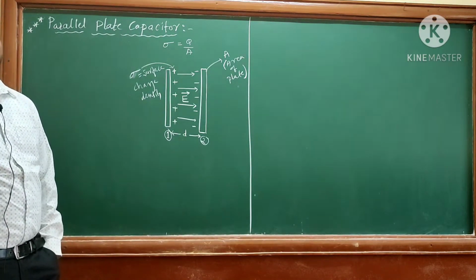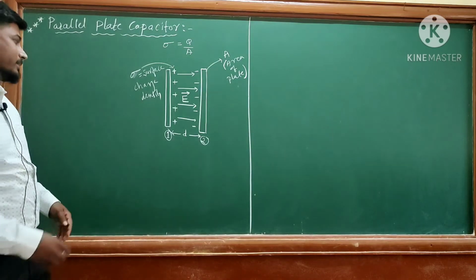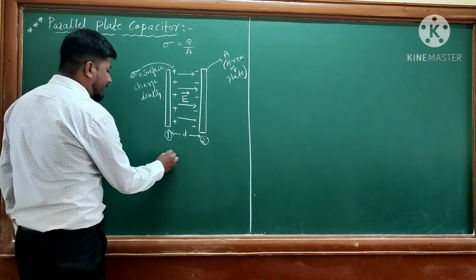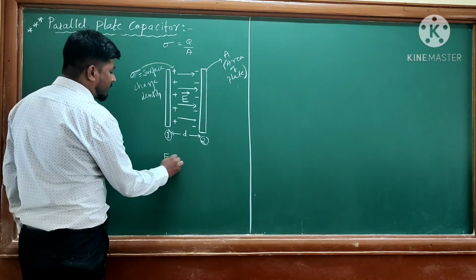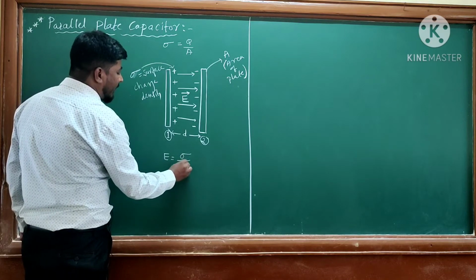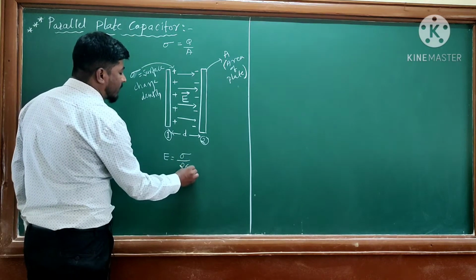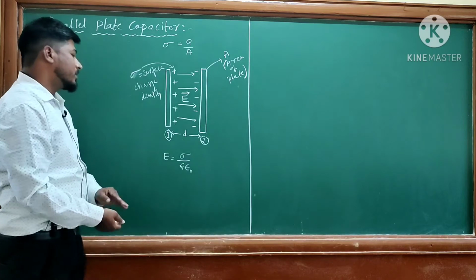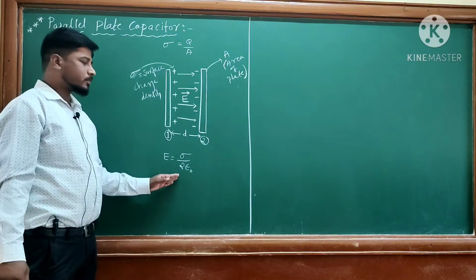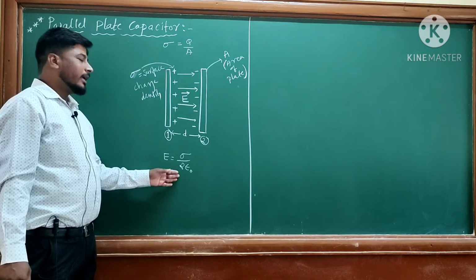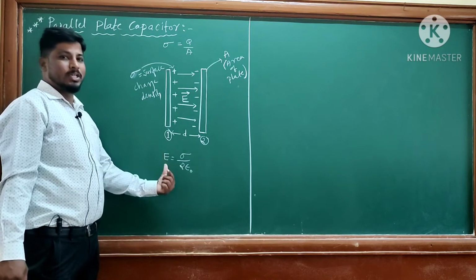In the previous chapter we studied the electric field due to an infinitely thin plane sheet. For that we got the expression E equals sigma divided by 2 epsilon naught. This is the expression we found for the electric field due to an infinitely thin plane sheet.